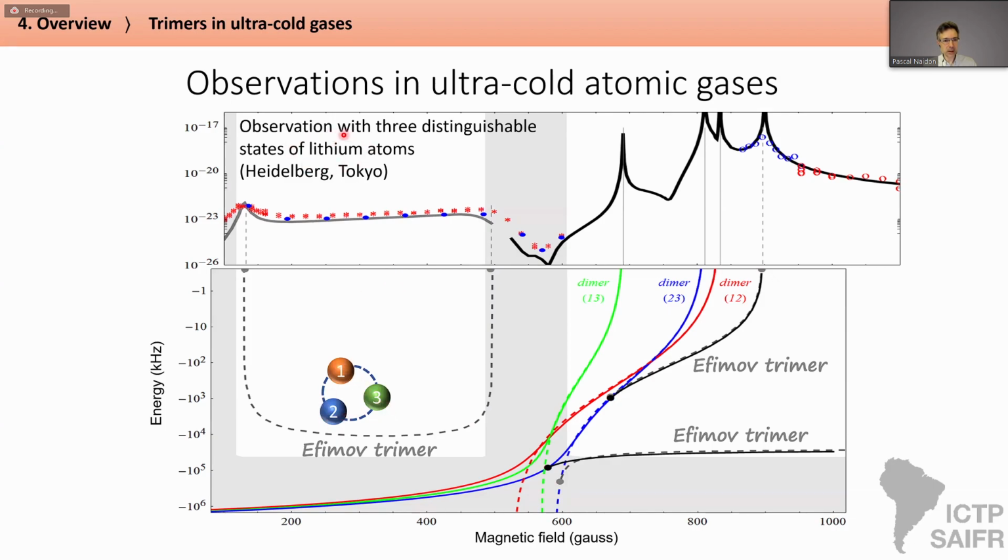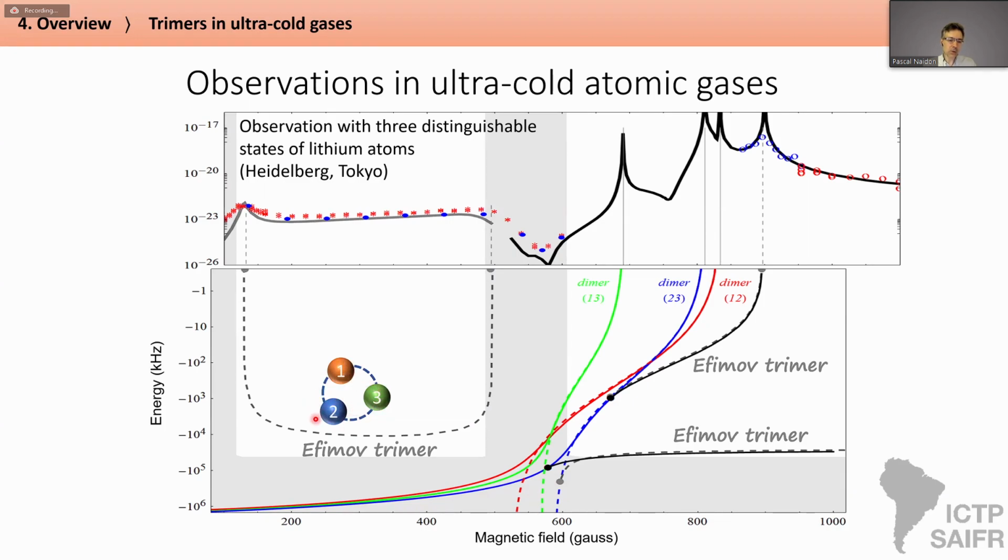So this is lithium-6 fermionic atoms, and they have different hyperfine states, and experimentally it's possible to select three of these hyperfine states. In this way, although they are fermions, they essentially behave as distinguishable particles, and they can have a symmetric wave function like the bosons, and they can undergo the Efimov effect.